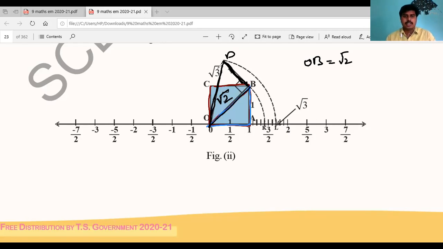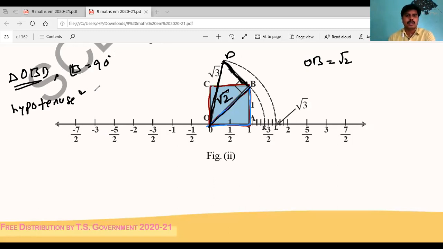Now, OBD is a right angle triangle, where angle B is equal to 90 degrees. Apply the concept: hypotenuse square is equal to side square plus side square.